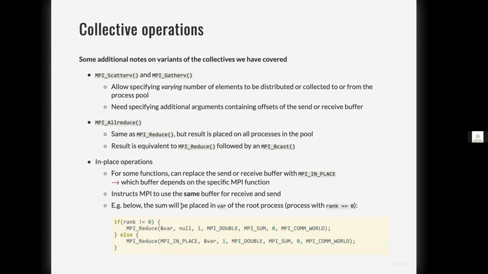So for example, if you want to sum this variable over all processes and have the sum end up in the variable itself, then you could do something like this, where in the root process, you specify MPI in place. And so in the root process, the result overrides the input.